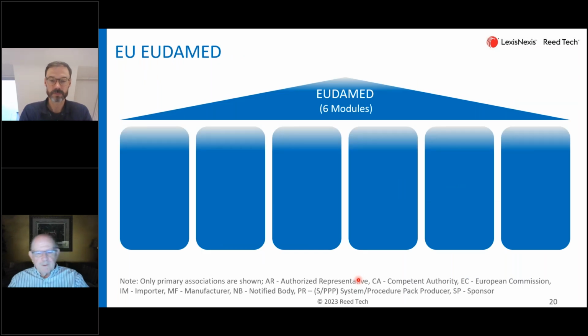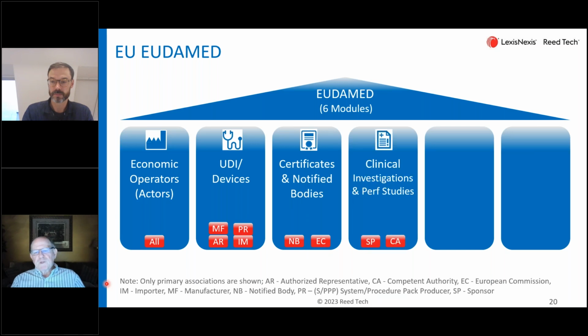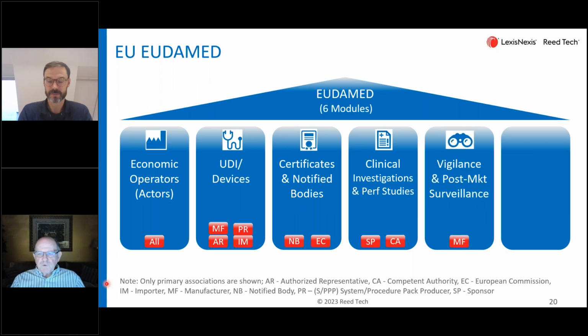Everyone's probably very familiar with the 6 modules: the economic operator, the module for UDI and devices, a dedicated one for certificates, clinical investigation and performance studies, which is turning out to be quite the challenge for the developers, the vigilance module, and the market surveillance module. So there are 6 total modules, and we'll talk a little later about the progress of each one of these.